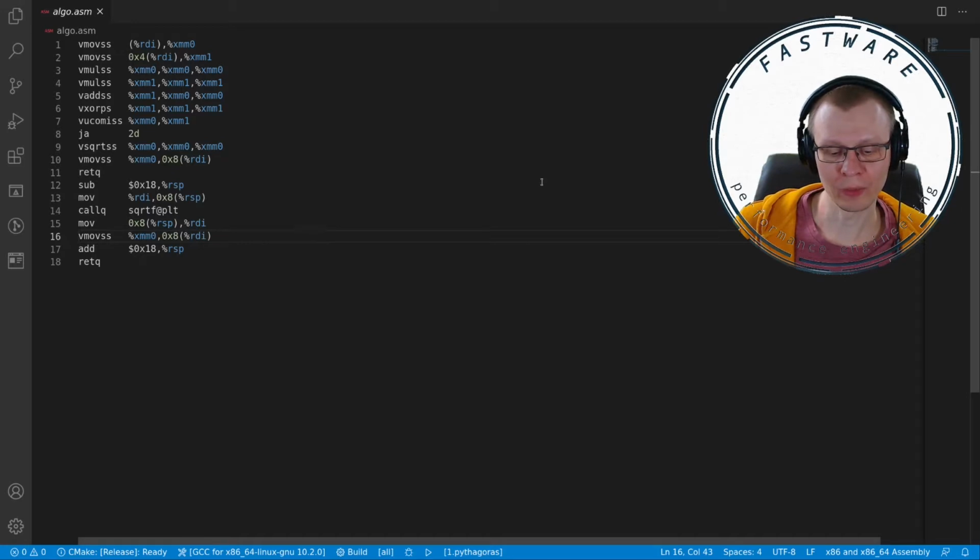Now, you might ask yourself, why do we want to understand assembly? Why do we want to be able to read assembly? My answer is always because you want to verify the output of the compiler and understand if the compiler generated reasonable code for an algorithm that you're trying to implement.